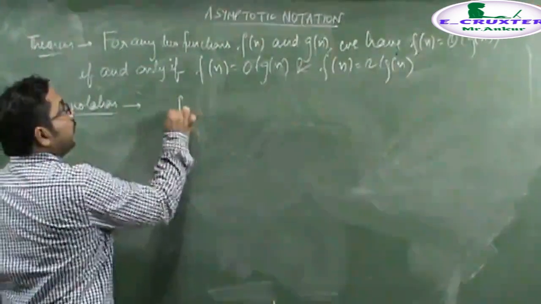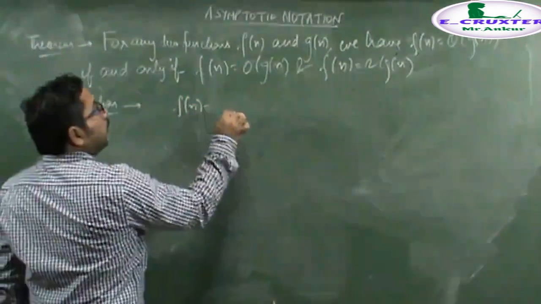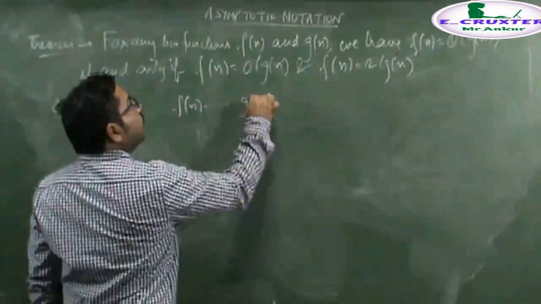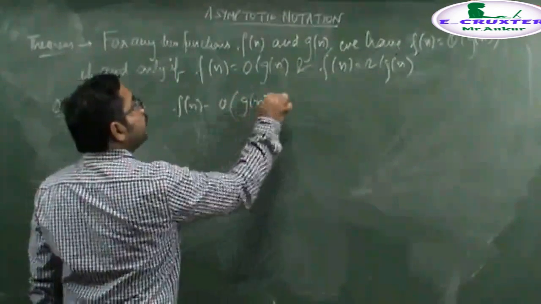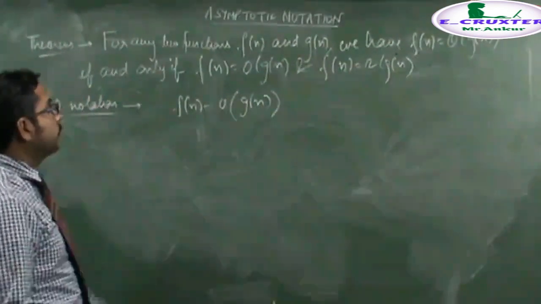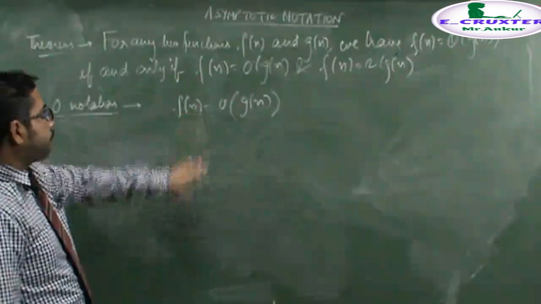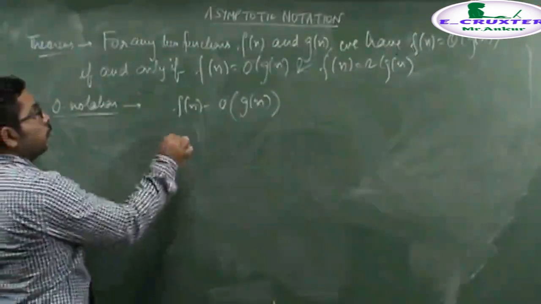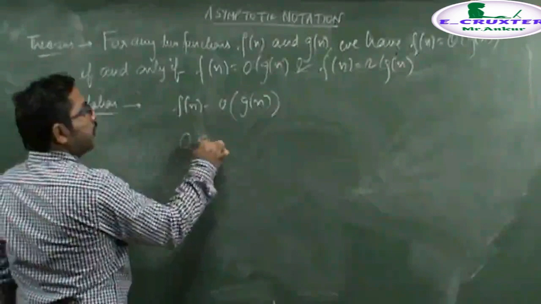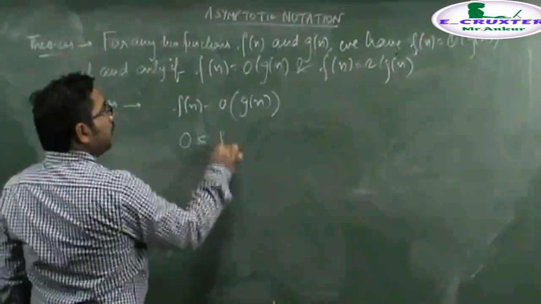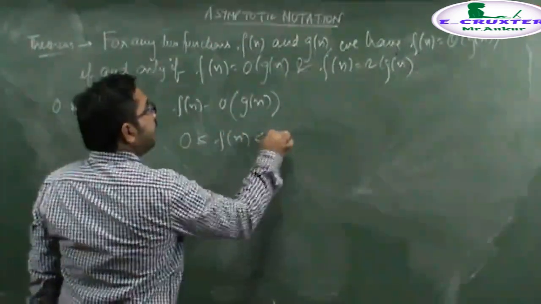That is, if there is an f(n) function, then g(n) function will act as an asymptotically loose upper bound for f(n), such that 0 is less than or equal to f(n) is less than c g(n).